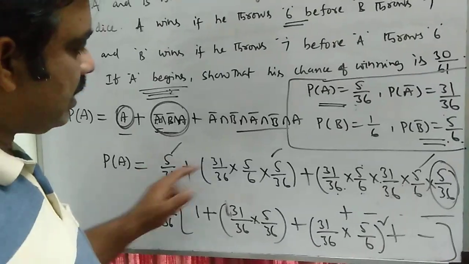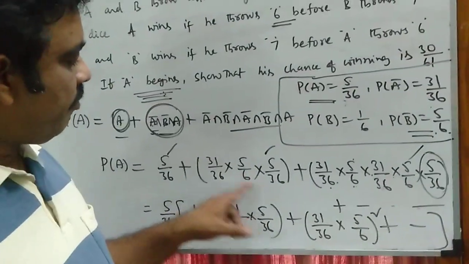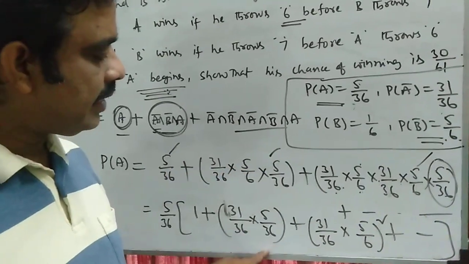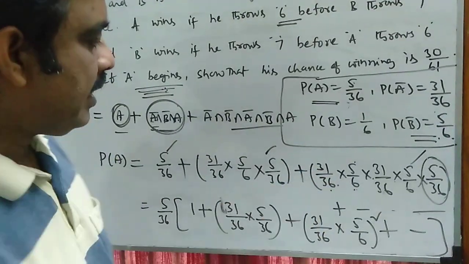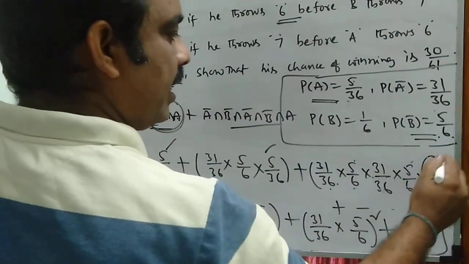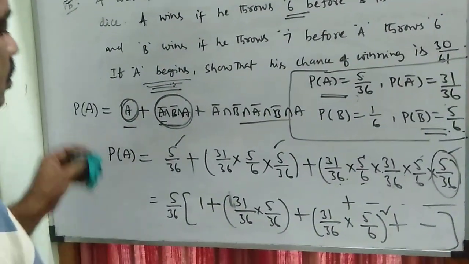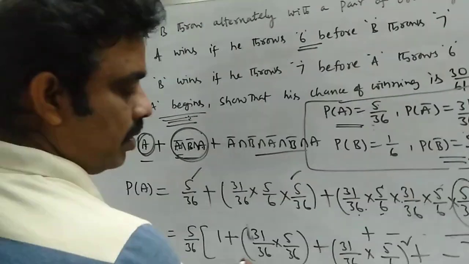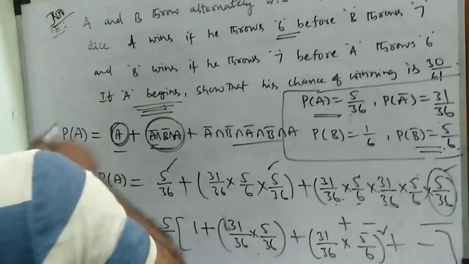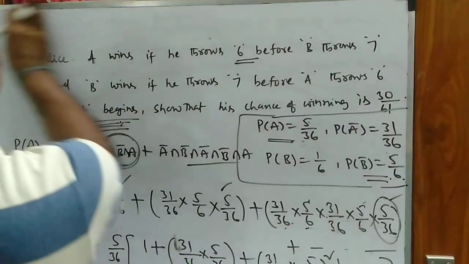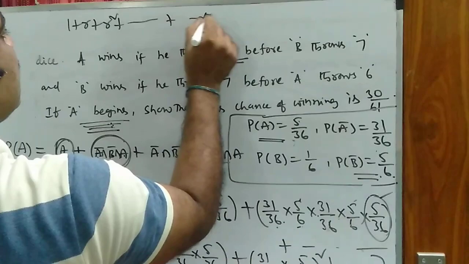In each term, taking 5 by 36 outside, this follows a geometric progression, 1 plus r plus r square plus so on, infinite terms.